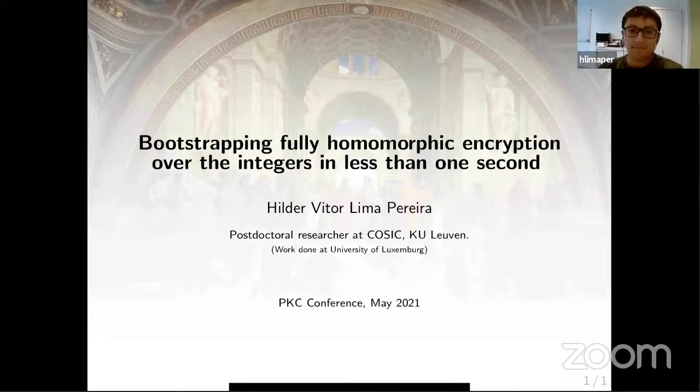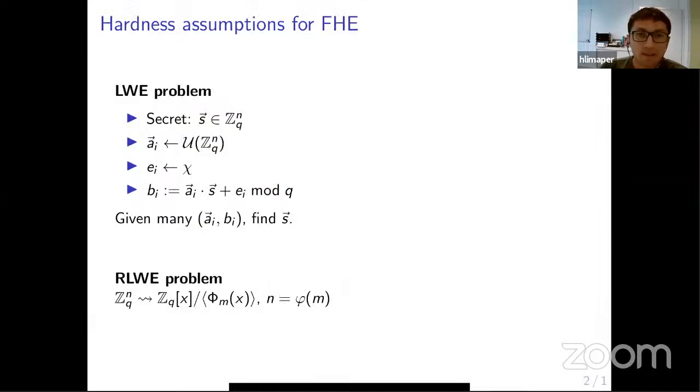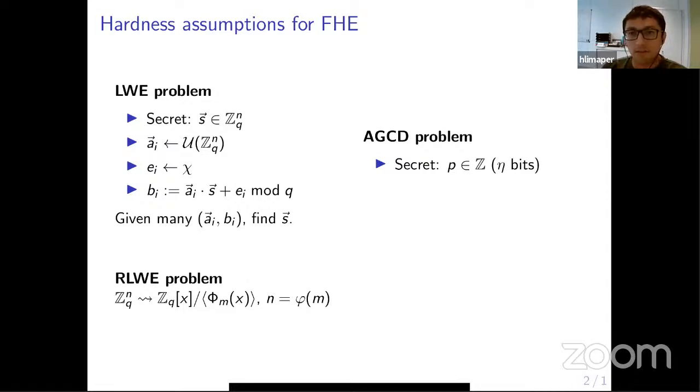Hi, hello everybody. For fully homomorphic encryption schemes, nowadays we have basically two main families. We have the schemes based on the LWE problem, which I guess you already know, and we have the schemes based on the approximate greatest common divisor problem, which we call simply AGCD. In this problem, the secret is simply an integer.